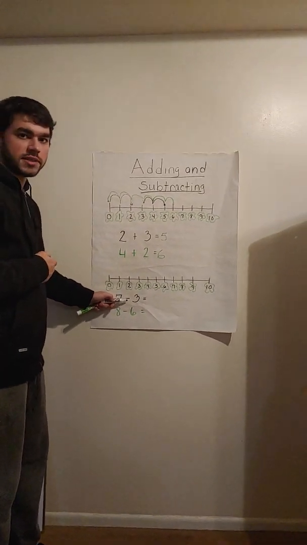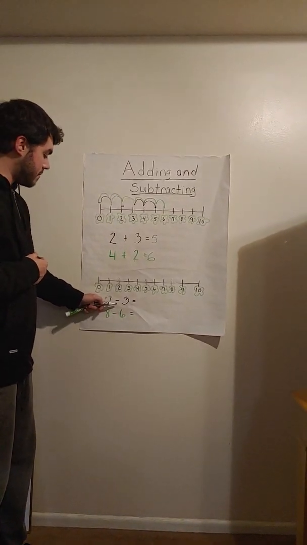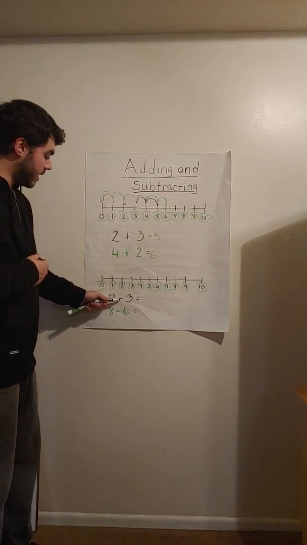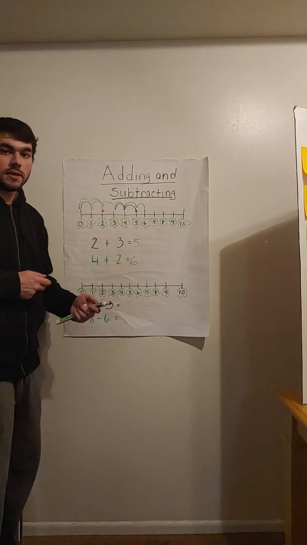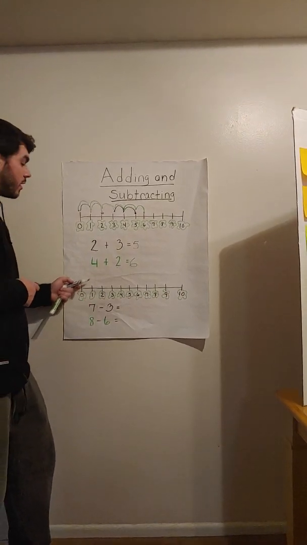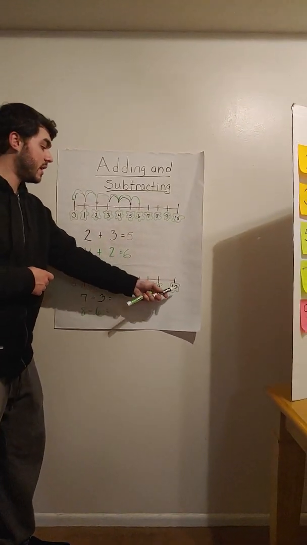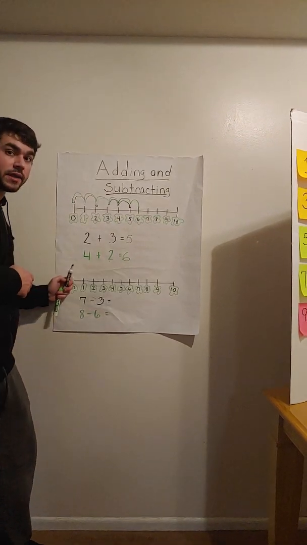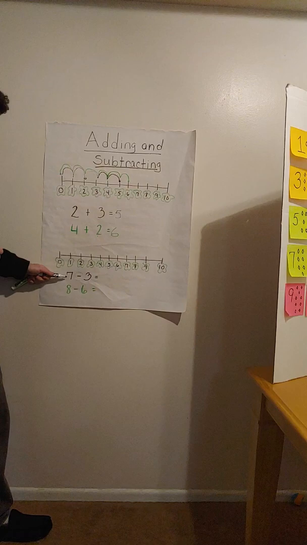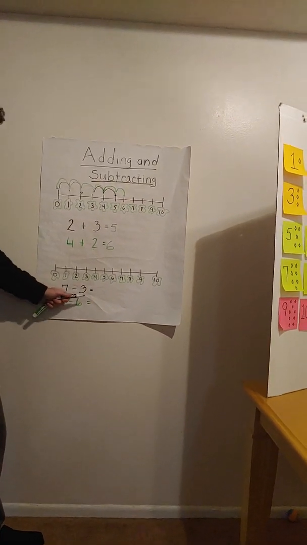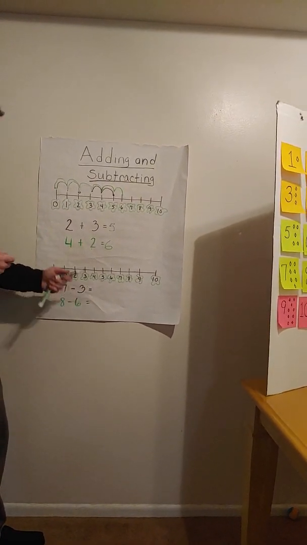This doesn't look like a plus sign. So what does that mean? Well, this looks like a minus sign. So what does that tell us? It means instead of our frog going across the lily pads, our frog is going back from the lily pads. So we have 7 minus 3 equals what?